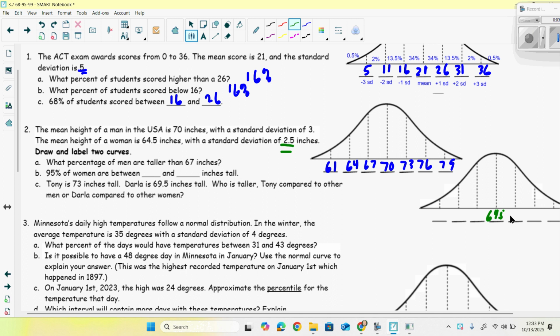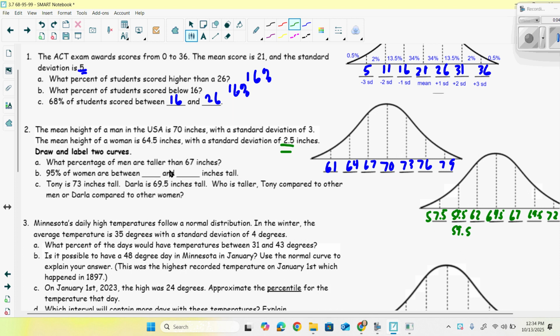So adding 2.5, let's see if I get these right, 67, 69.5. Another 2 to that is 71, so 72. And then down subtracting 64.5 minus 2.5, 62, 59.5, 57.5.